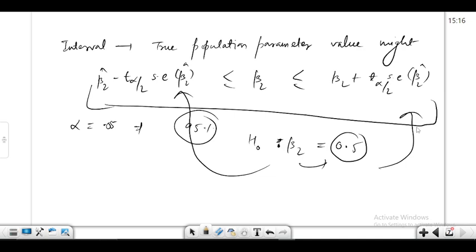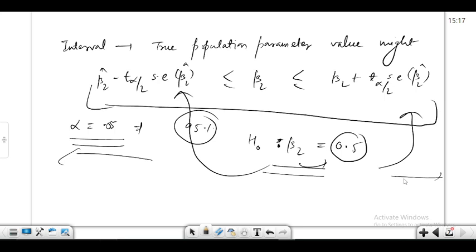I can choose any level of significance. If I've chosen the 0.05 level of significance, I'll test the hypothesis for a 95% confidence interval. If the value of beta 2 lies in this range, it means that I am not rejecting the null. If the value lies beyond this range, lower than this critical value or higher than this critical value, it means that I am rejecting the null.